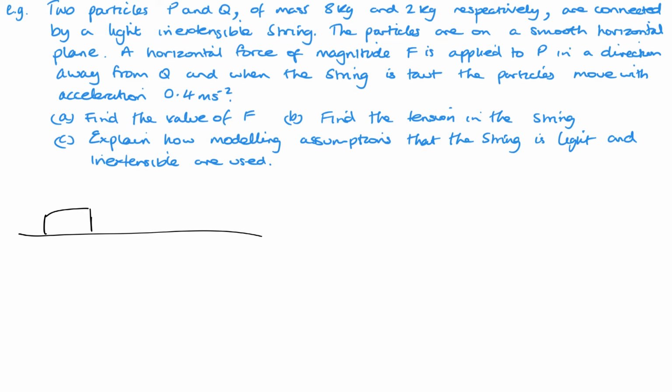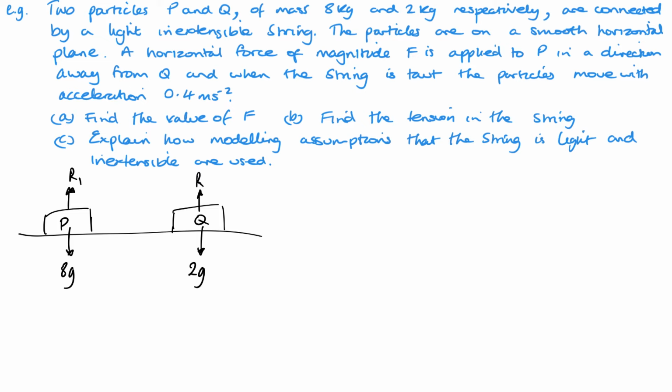So I've got 2 particles, P and Q. I'm just going to draw them as boxes. It's just for the purpose of my diagram. P is 8 kilograms, so I'm going to put that as 8g, and Q is 2g. And of course they're going to have 2 reaction forces.